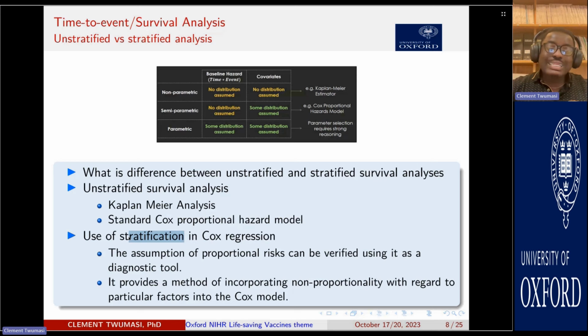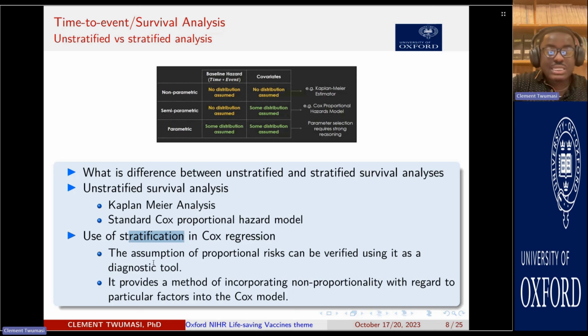Then we use stratification, and there are more official statistical ways of assessing whether those assumptions are met or not. And don't forget, Cox-Proportional is a linear model. So again, we expect a linear relationship between your predictors and the outcome. In situations where we have departures from this linearity, what do we do about it? So we also look at that.